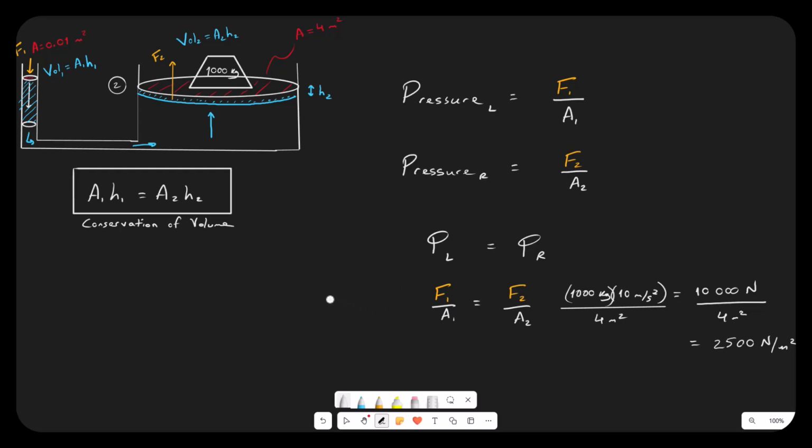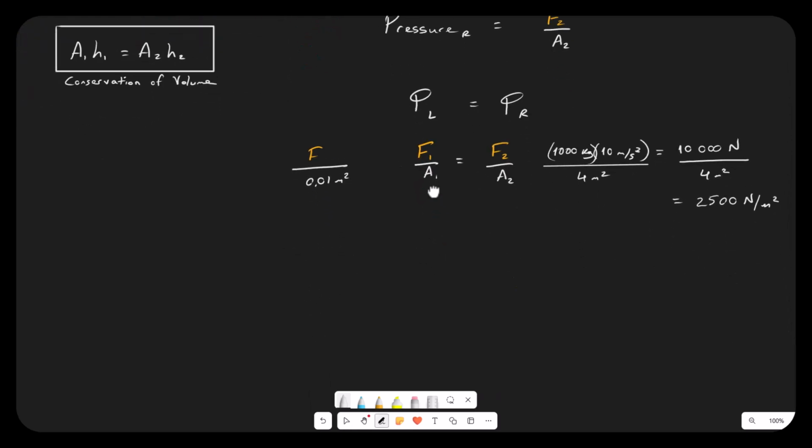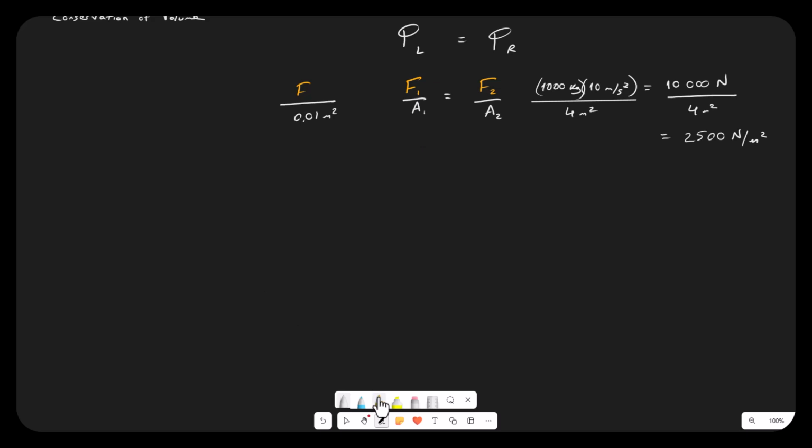The left side, I don't know what my force is, but I do know that my area is 0.01 square meters. So if I do this equation, I'm going to get F1 over 0.01 square meters equals the right side, 10,000 newtons over 4 square meters, or 2,500 newtons per square meter.